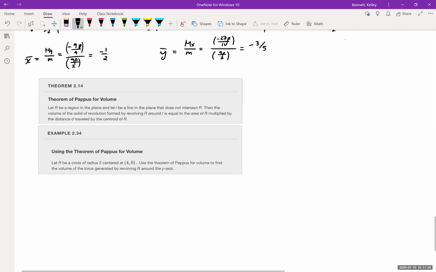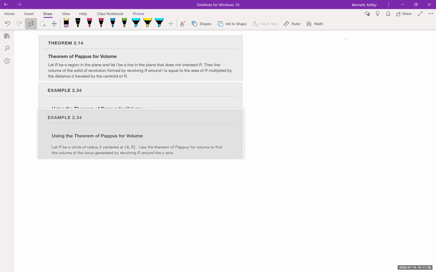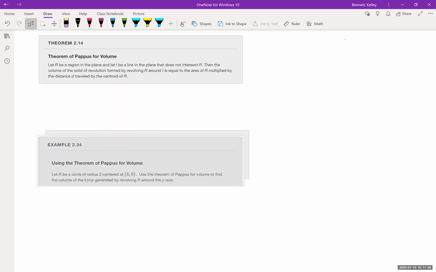The next thing that we're going to talk about is the theorem of Pappus, which is, I guess, how you say it. Thank you, Google. So the theorem of Pappus says that if you have a region, let's say we're here and we just have some sort of region, and we want to rotate this about a certain point.